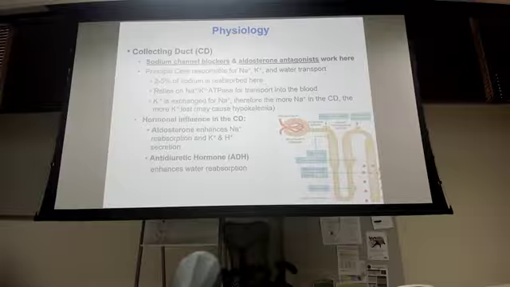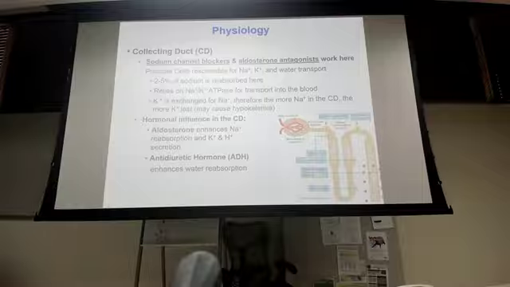All right, so now the collecting duct, what it's going to do, just fine-tune sodium, potassium, and the water balance. So it's only a very small percentage that is reabsorbed here. It's more under hormone control. So aldosterone is going to increase sodium reabsorption and potassium secretion here.